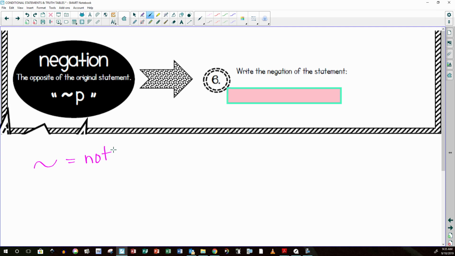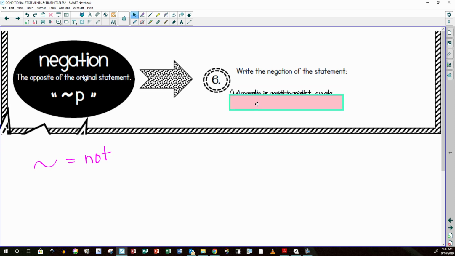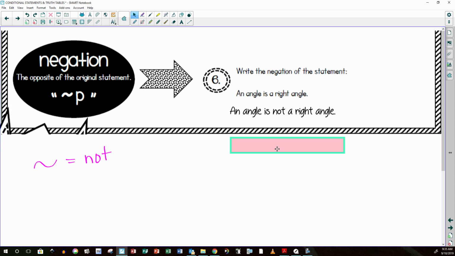So if I say squiggly P, then that means the opposite of P. So for an example, write the negation of the statement. Well, where did my statement go? There it is. All right. So write the negation. An angle is a right angle. Well, what's the opposite of an angle is a right angle? An angle is not a right angle. So all you have to do is use the word not when you see this symbol.